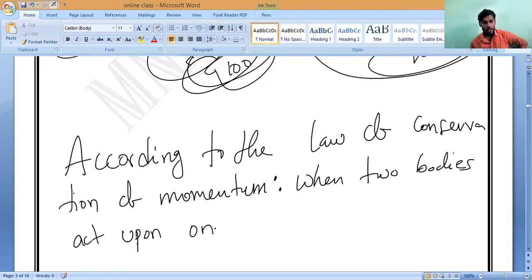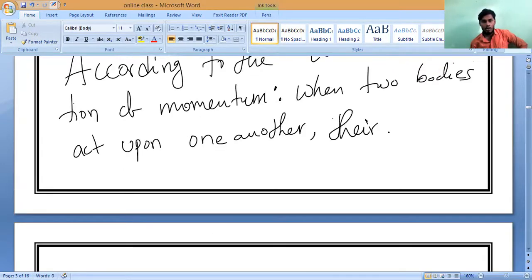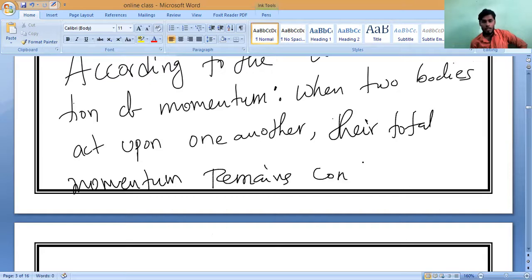Act upon one another means what? Collision. Collision means hitting. Act upon one another, comma, their total momentum remains constant unless an external force is applied.